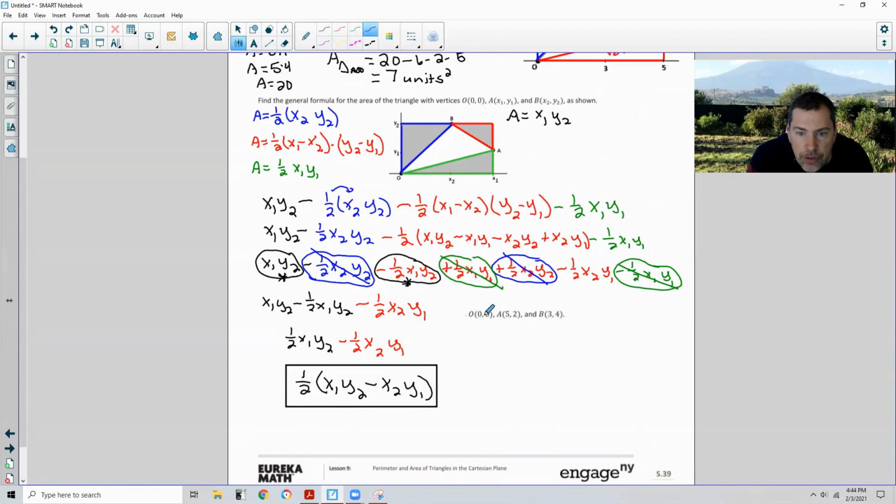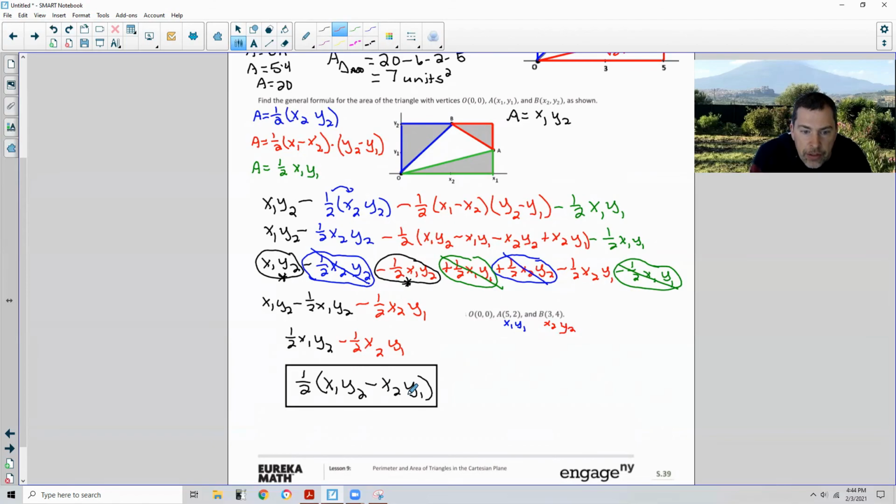So we have the point 0, 0. A is the point 5, 2. So x sub 1 is 5. Y sub 1 is 2. Whoops. Y sub 1, I'm saying is 2, so I wrote 2, and this is y sub 1. This is x sub 2, and this is y sub 2.